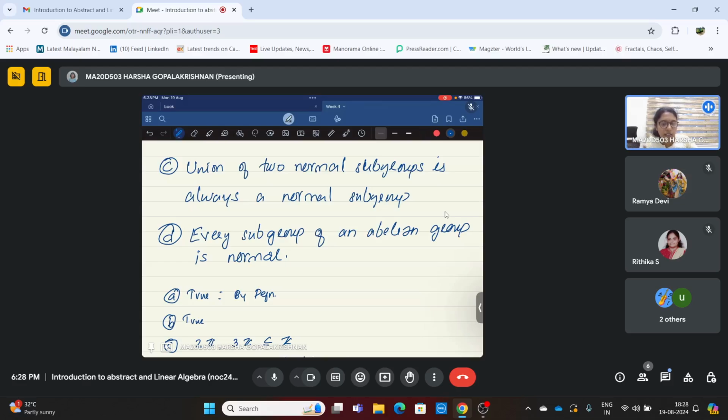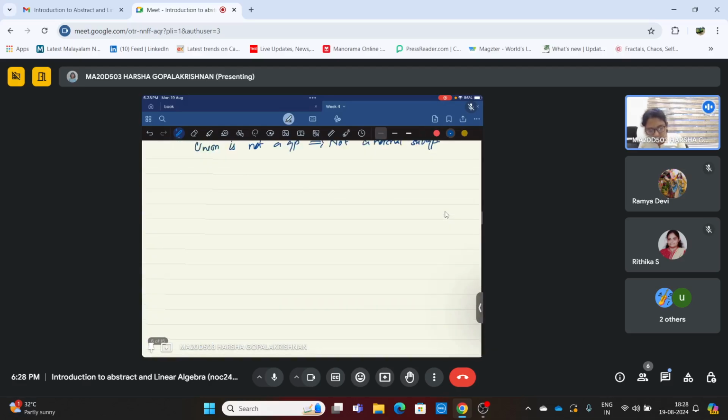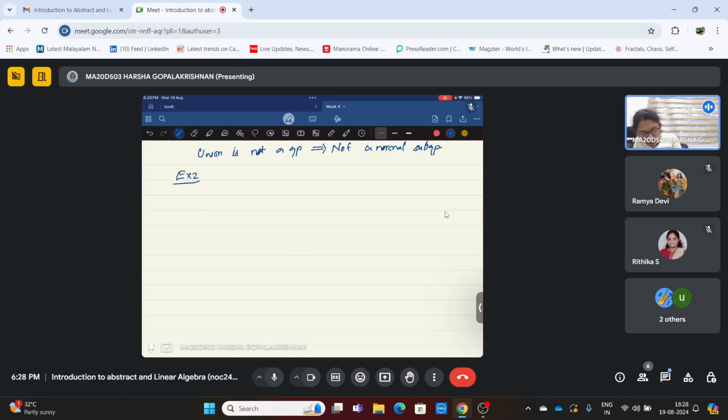In that case, whether it will be normal or not. You can do that as an exercise. The basic thing we need to check is, if we are taking two subgroups and the union is again a subgroup, under what condition will the union become a subgroup?